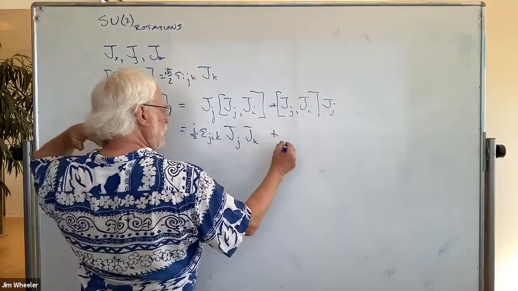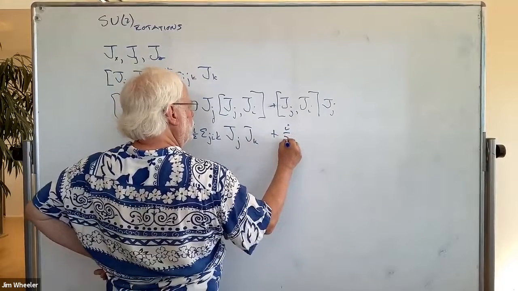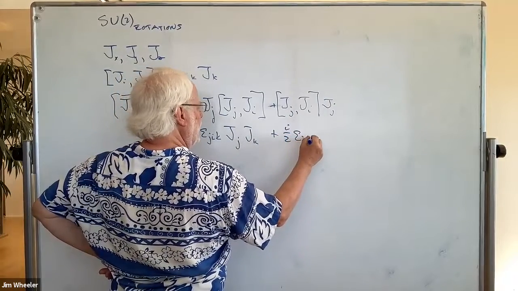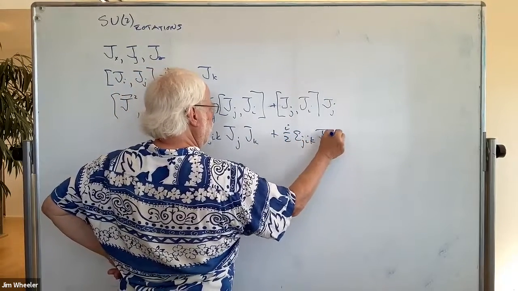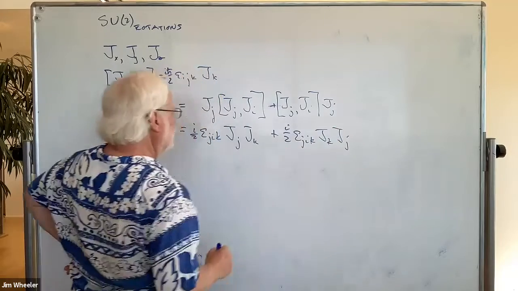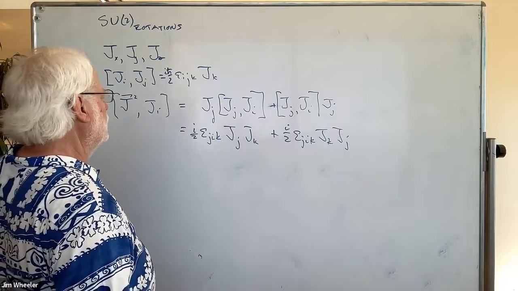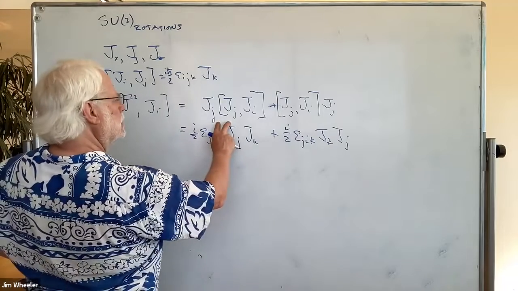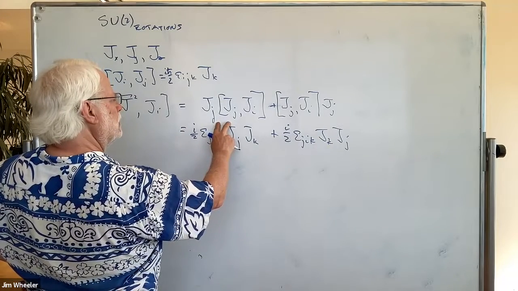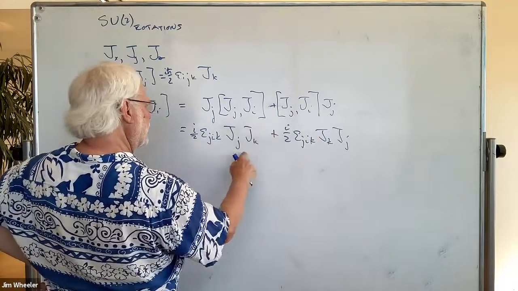And this one, we get i over 2 ε_jik J_k J_j. Did I do that right? Yeah, I guess I did that right.